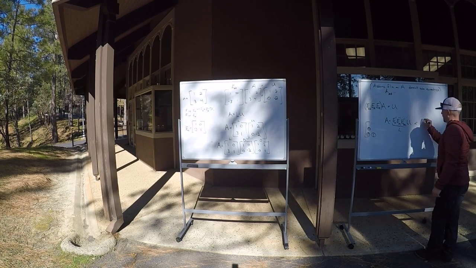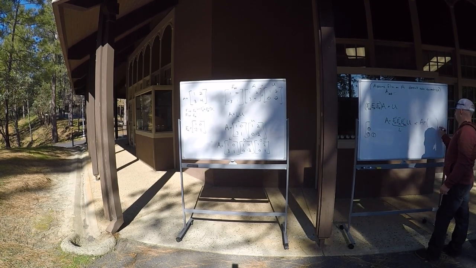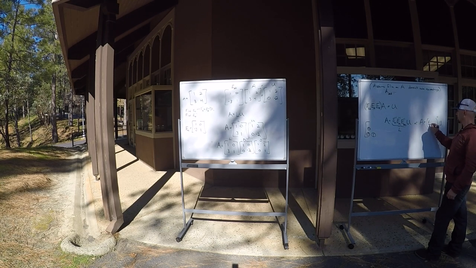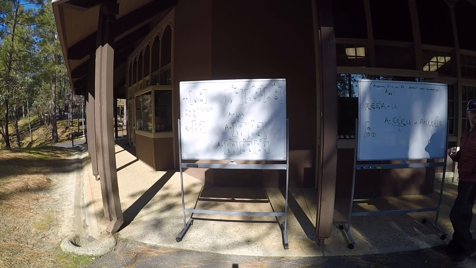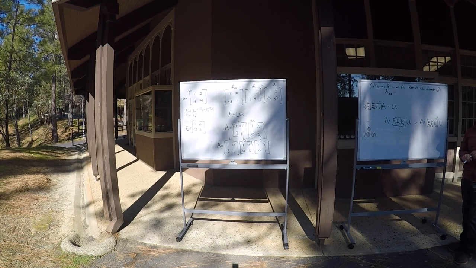Or, A is going to be that whole product's inverse. And if you use the whole product, it's E32 times E21 times E31. Guys with me? Cool.